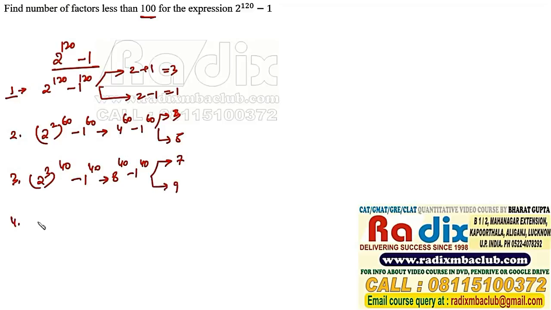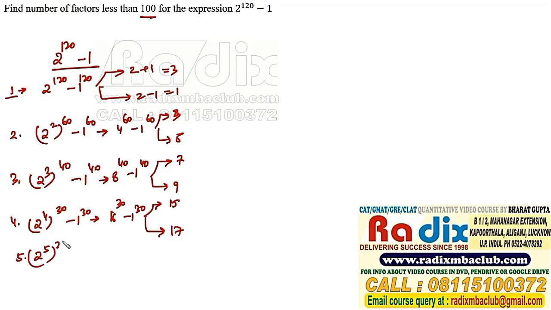Fourth: 2 to the power 4 to the power 30 minus 1 to the power 30. This is 16 to the power 30 minus 1 to the power 30. This is divisible by 15 and 17. Then fifth: 2 to the power 5 to the power 24 minus 1 to the power 24. This is 32 to the power 24 minus 1 to the power 24. It is divisible by 31 and 33.